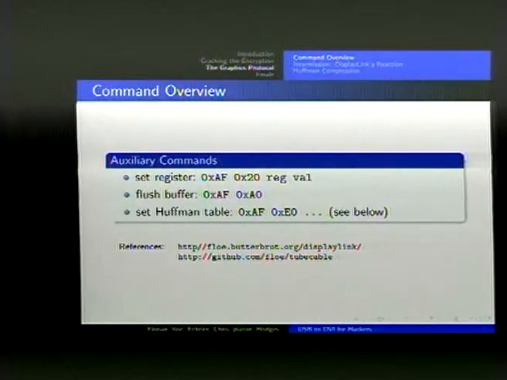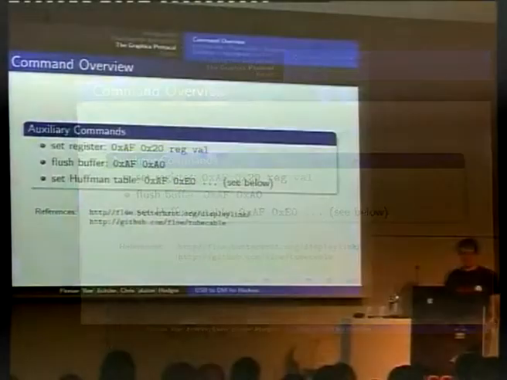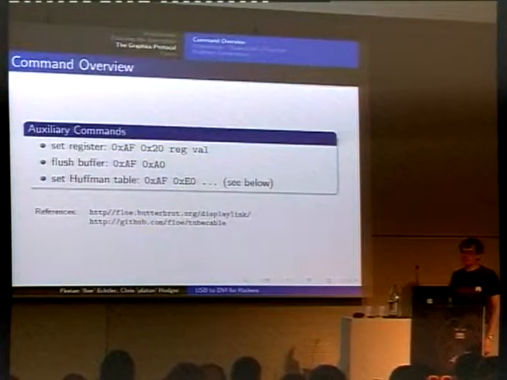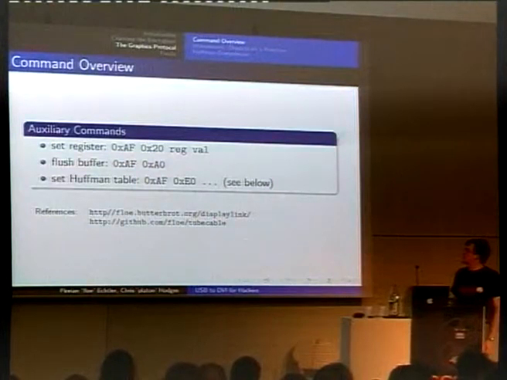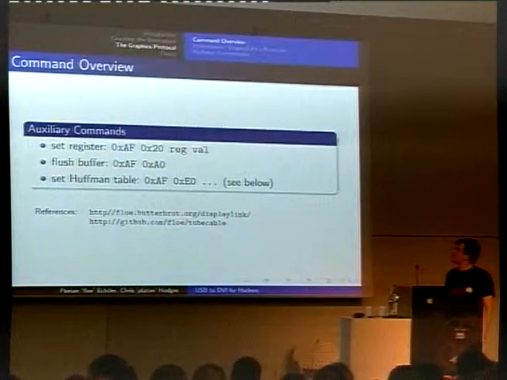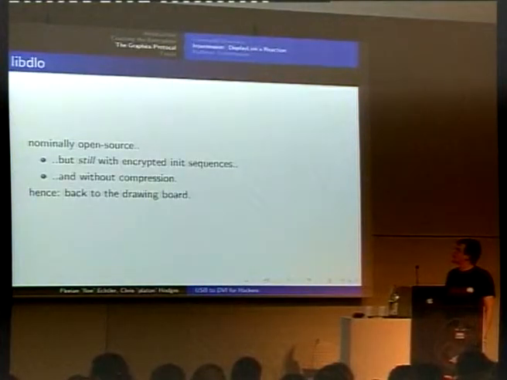There's a flush buffer command, which probably causes all queued commands to be executed. And there's one very important command which sets the Huffman encryption table. Yeah, as I said, if you're interested in more details, please see the references. Otherwise, I think it would be pretty boring.